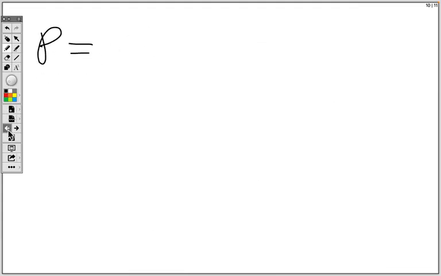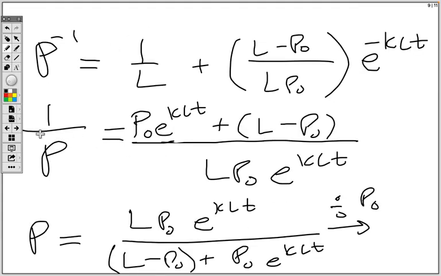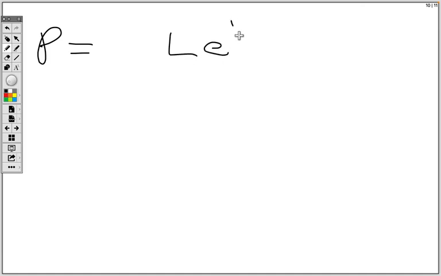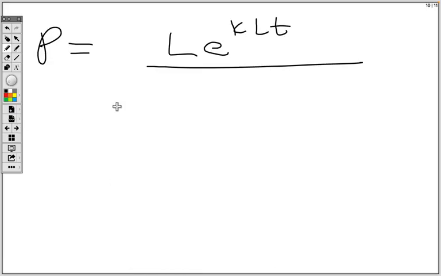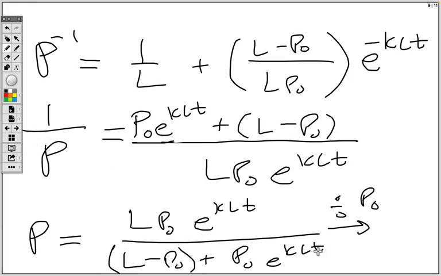P equals, so the numerator by P naught would be L e to the KLT divided by, and then this would be L minus P naught over P naught, which I think was our original C from the first time we solved this, plus e to the KLT.